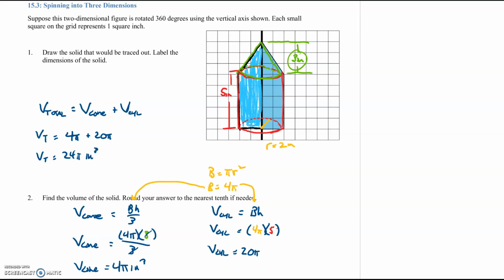And if you type that into your calculator, 24 pi happens to be around 75.4 cubic inches. So there we have it. We found the volume of this composite figure by breaking it up, finding the two or more figures that make up the total composite figure, and just find the volume of each and add them together.